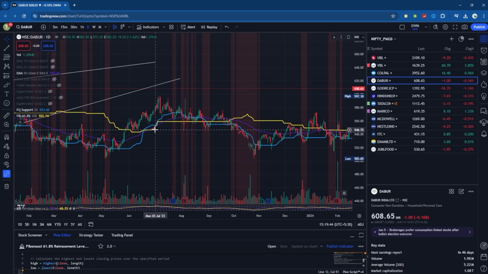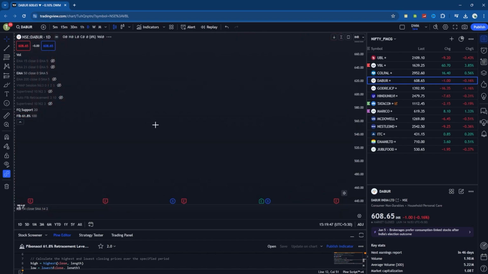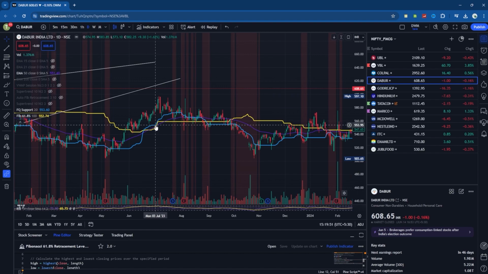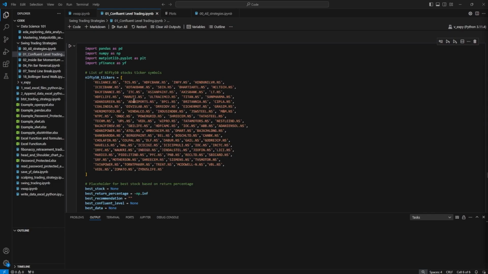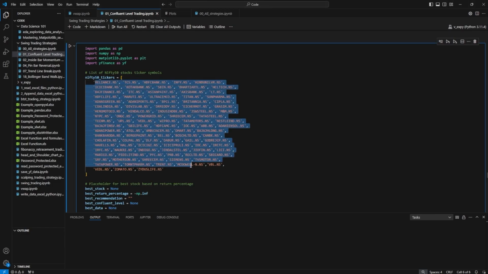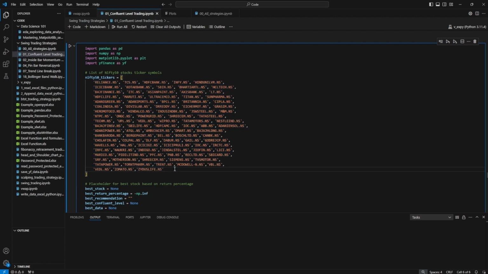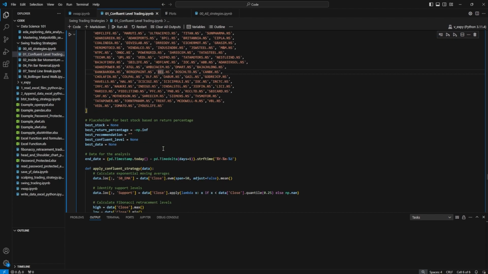We have a support over here of 53.60, and then the Fibonacci level of 61.8 is also overlapping, and then the exponential moving average. So this could be one of the setups that we could go for. We will go through the list of all these stocks, and the code will try to find the best stock for this particular strategy, and then out of that we will do the back testing as well.